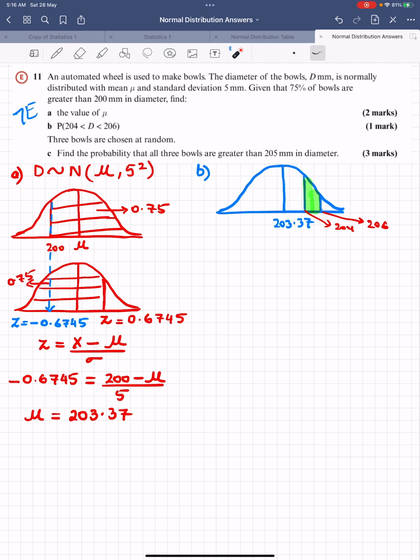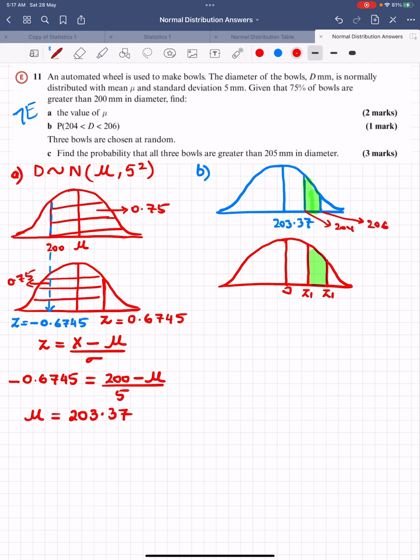We need the corresponding z values for 204 and 206. We can draw another bell curve, where the mean is 0, and find the corresponding z values, z1 and z2, between which our required probability lies. The z value is the observed value minus the mean, divided by the standard deviation.